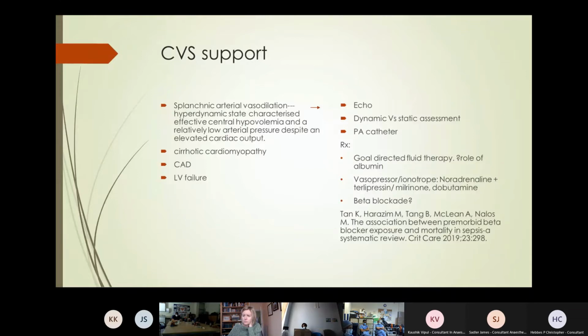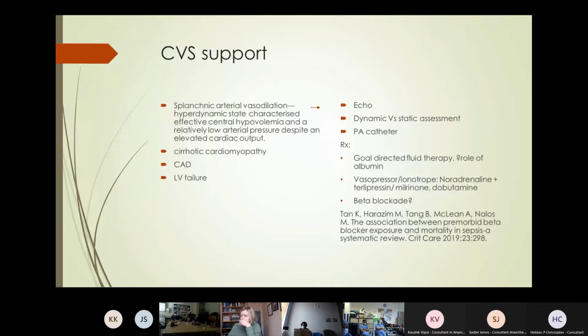This is usually masked by the hyperdynamic state. But once this patient is exposed to some stress of some form, surgery, or sepsis, the systolic function is poor and the diastolic function is poor. So they will not be able to mount a good cardiac response in the case of stress. And they have LV failure.